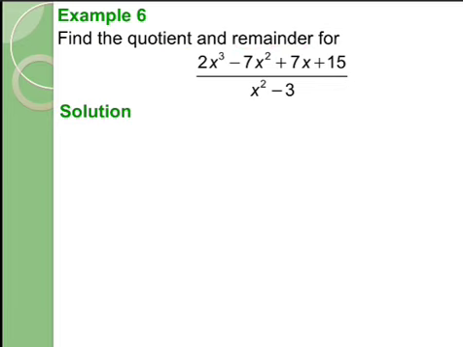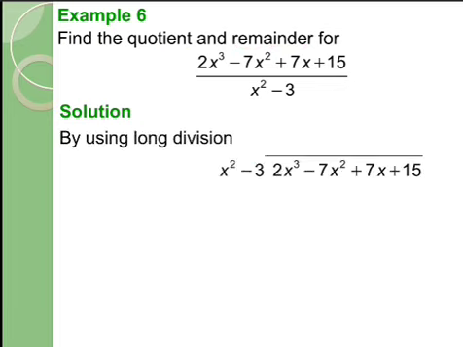Okay, now let's do the long division. Write the polynomial inside and the divisor outside. But hold on, look at the divisor carefully. Same rule applies here. Remember, when the polynomial does not have all of the terms of the degree, you have to add in.